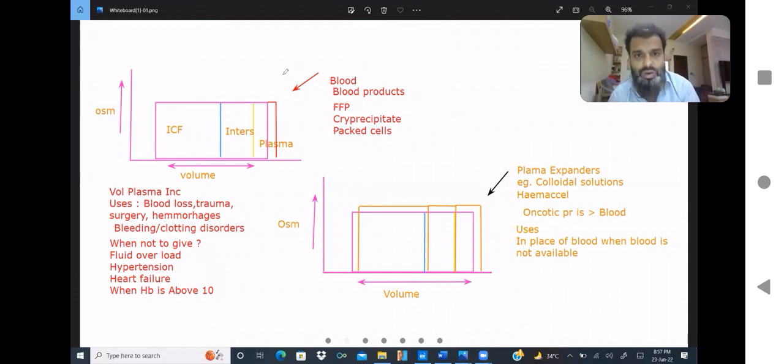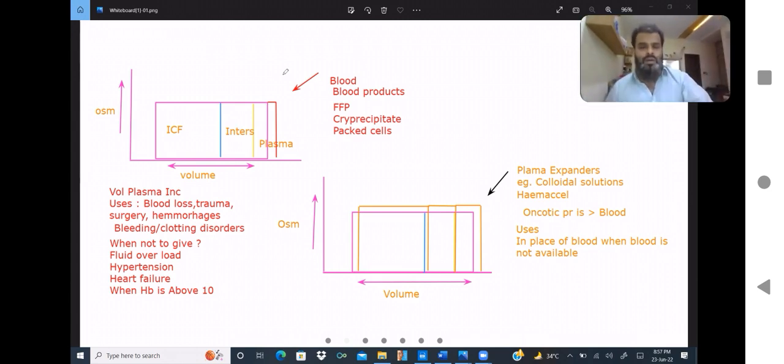So this is all which is a concern in the blood section. Now the fifth thing, which is known as plasma expanders. Does any one of you know what is a plasma expander? The name indicates a solution which increases the plasma.